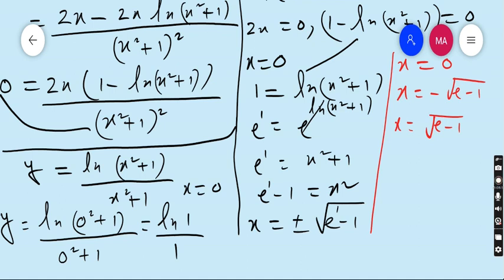And you know ln 1 is 0. So the first stationary point is when x is 0, then y is 0.